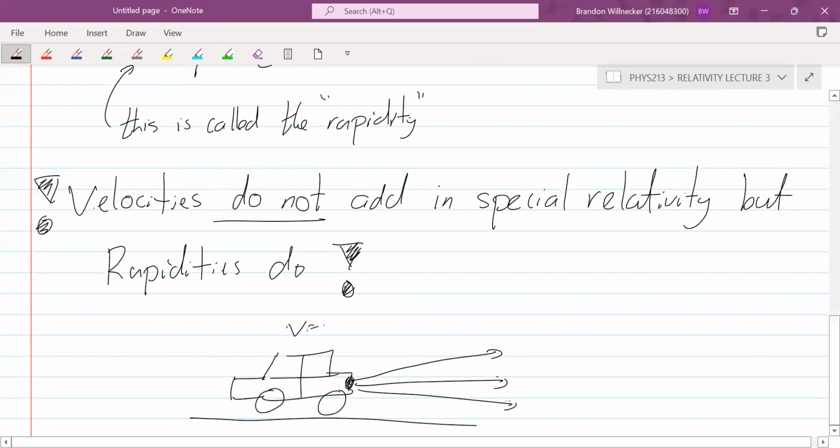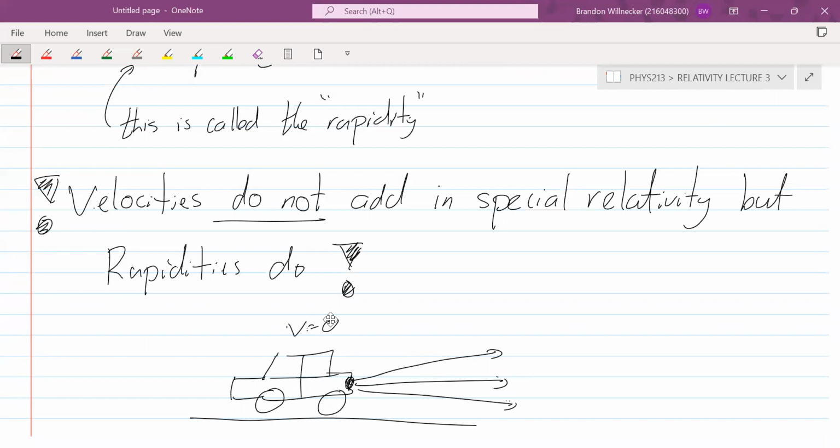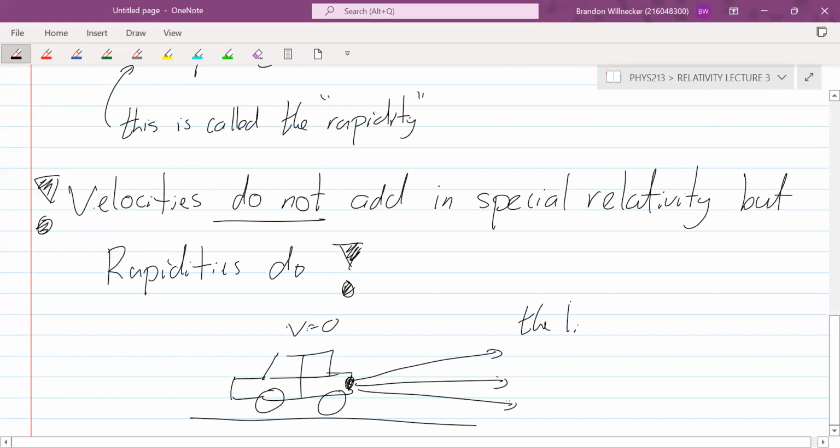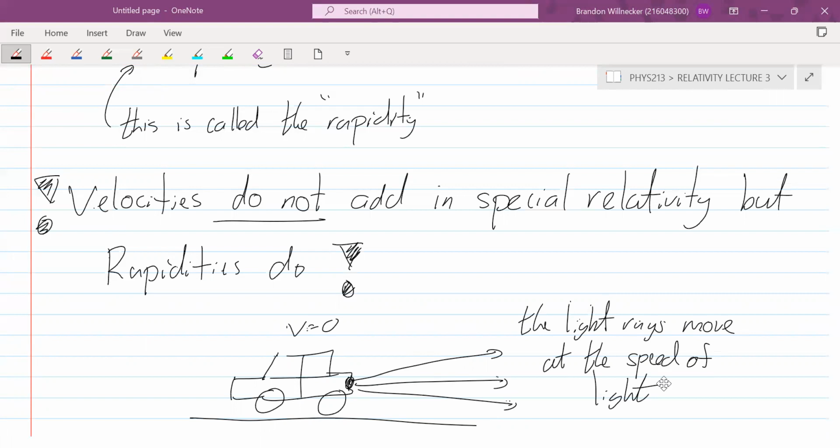Now, if you are stationary, you would say that these light rays move off at the speed of light. Of course they would. So the light rays move at the speed of light. No problem there.